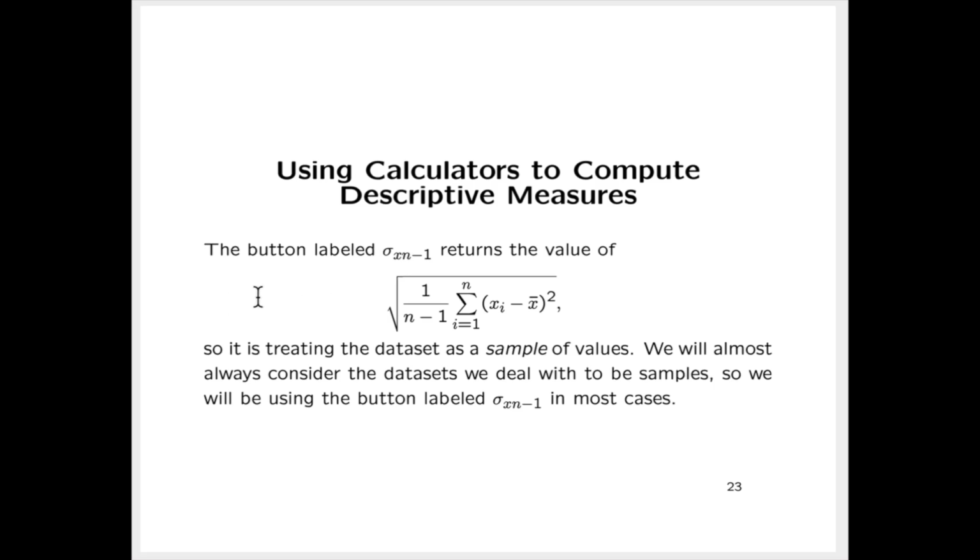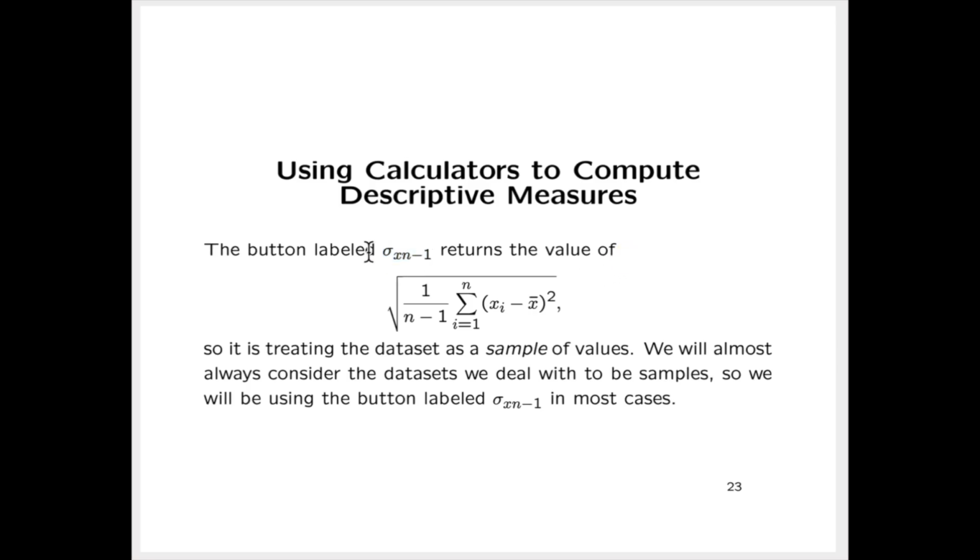Now, there's going to be another button or menu option that would consider the data set to be a sample and calculate the appropriate value based on that. In some calculators, for example the TI-83 and 84, that menu option is going to be an S, which is consistent with our notation.